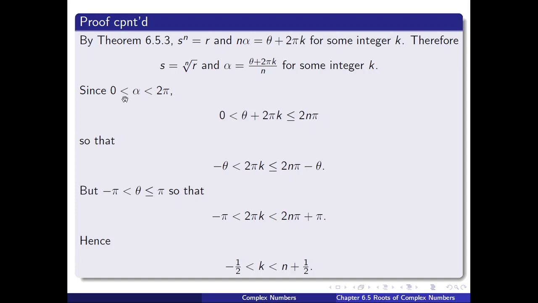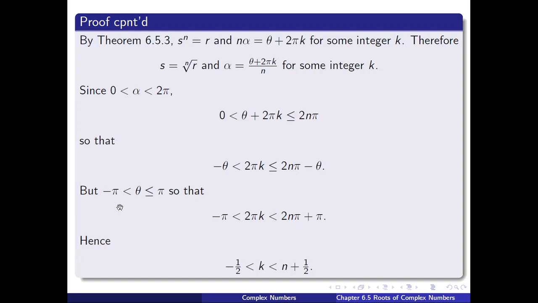And since alpha is between 0 and 2 pi, it means that theta plus 2 pi k will also be less than 2n pi, right? And that means that if we subtract theta from both sides, 2 pi k is less than or equal to 2n pi minus theta.